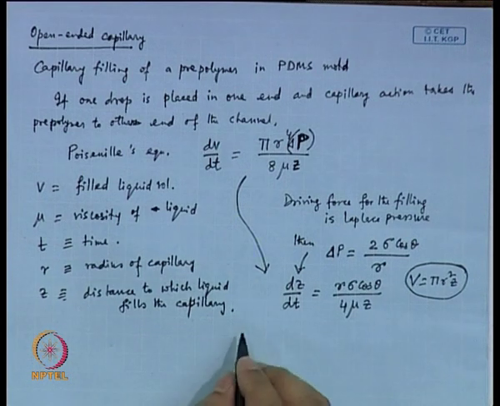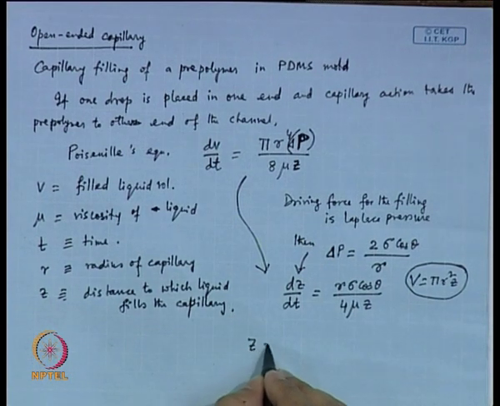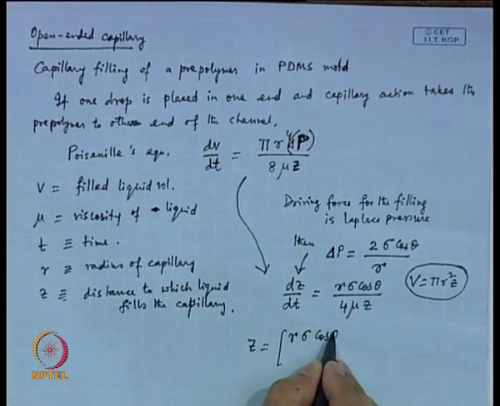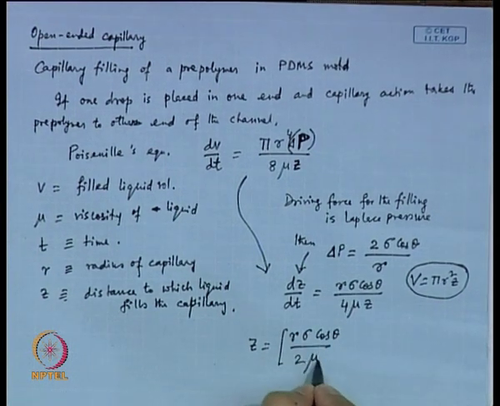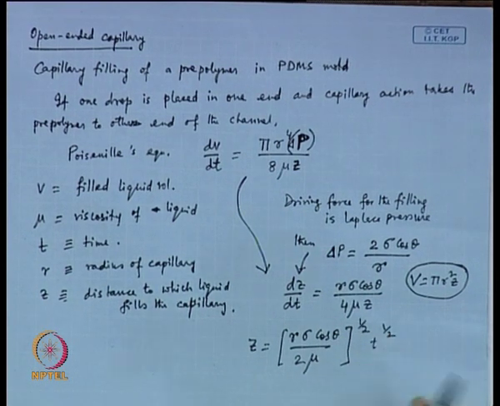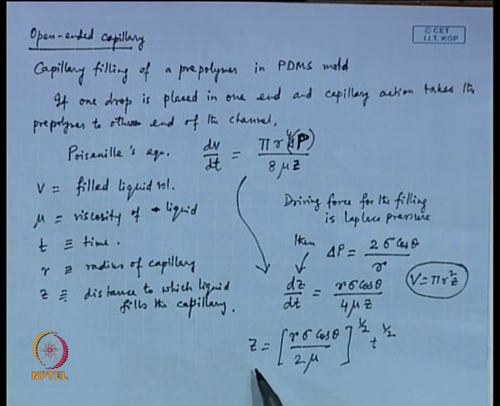So, you get z equal to r sigma cos theta divided by 2 mu, to the power half, times t to the power half. This gives you the distance z to which the liquid fills the capillary as a function of time.